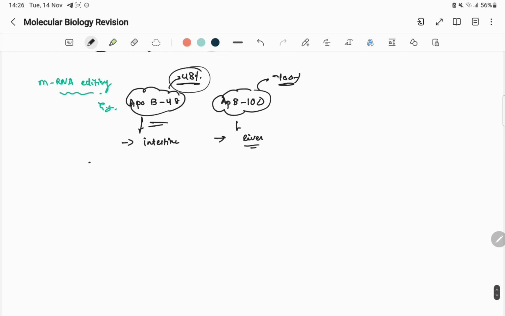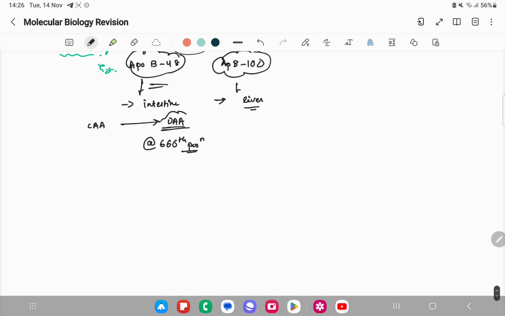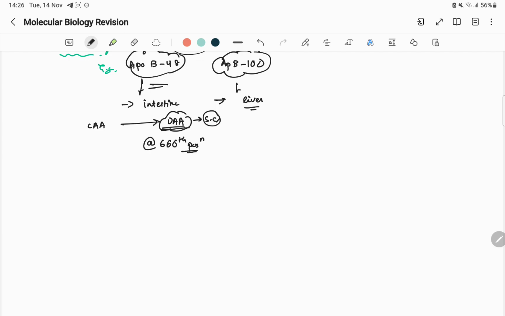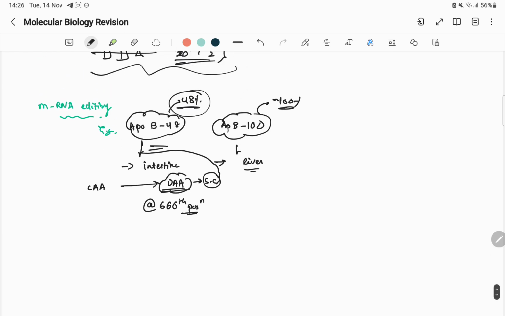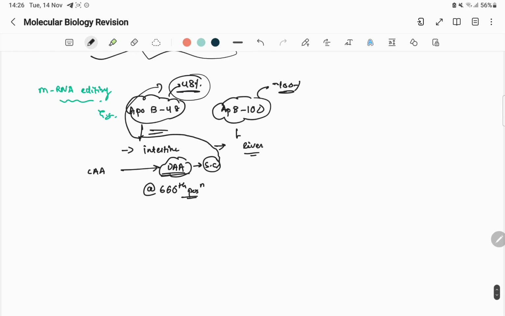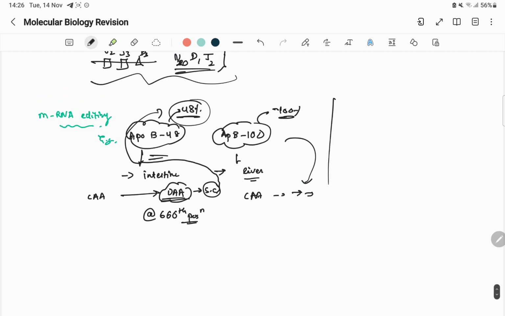Actually what happens is that in place of CAA, UAA is encountered at the 666th position. Due to UAA, as it is a stop codon, it will stop the protein synthesis at 48%. But in ApoB100 there is no stop codon, it is produced by CAA only, and synthesis goes on, so 100% is synthesized. This is called mRNA editing.